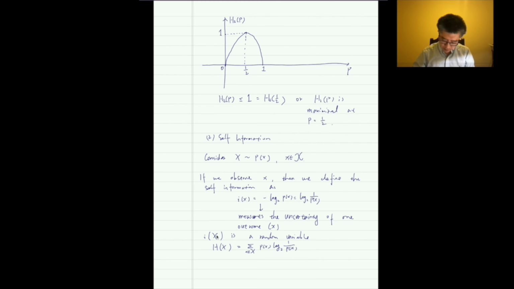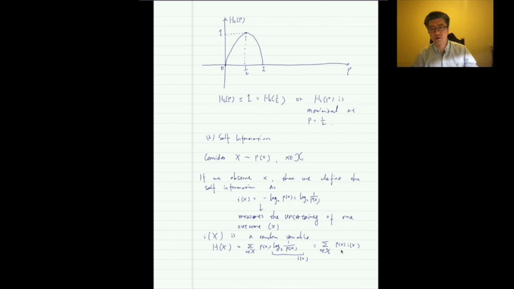This is nothing but the self-information i(x). Therefore we can write this as the sum over x in calligraphic X of p(x) i(x). From this formula, what do you see?